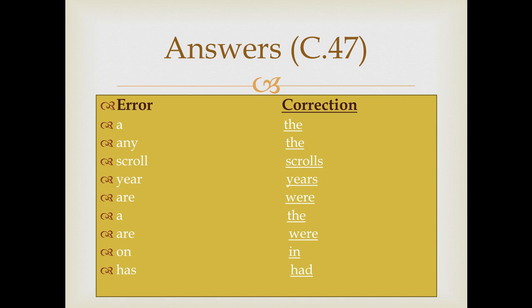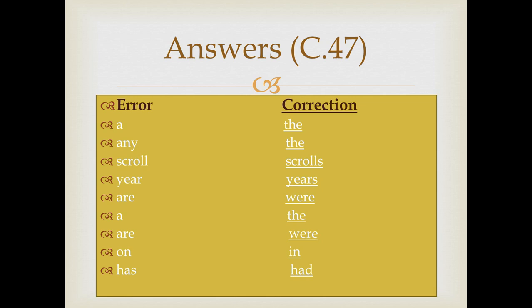Bedouins and others has found. They had found 10 more caves containing ancient writings. So, Bedouins and others had found 10 more caves containing ancient writings. So, these are a few words which we have corrected. Okay, first we found the error and then we corrected the error.